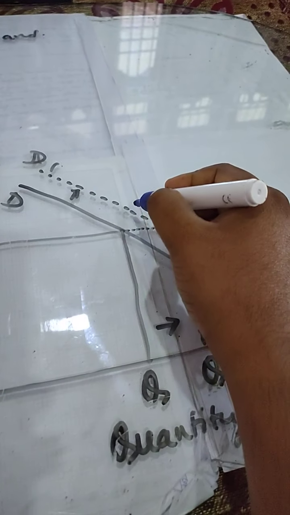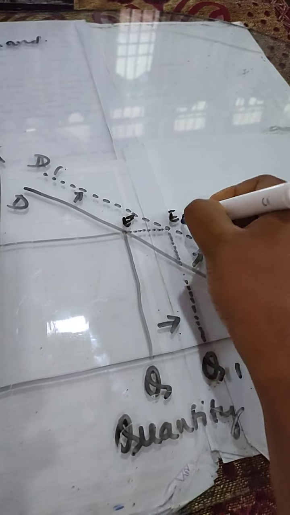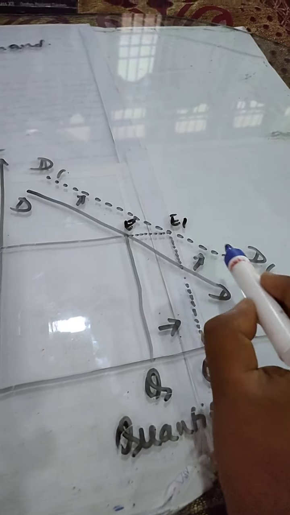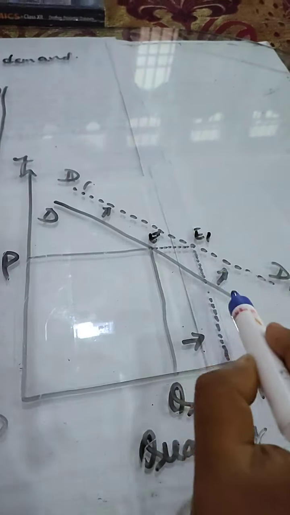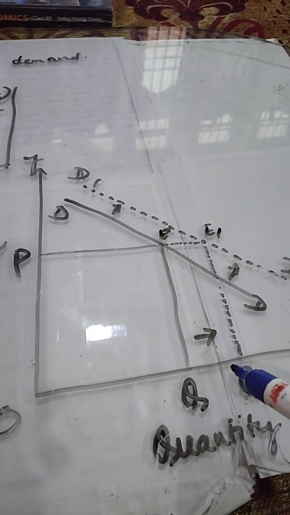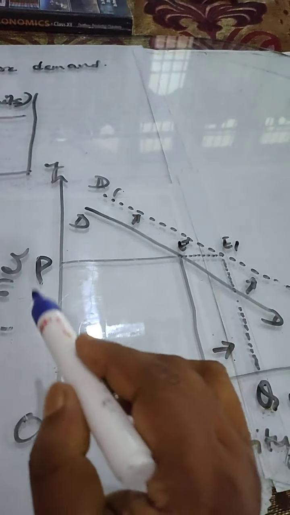This is point E and this is point E1. That means at E1 we get another demand curve, that is D1 D1. The original demand curve was DD, and this DD demand curve implies the OQ amount of commodity demanded by the consumer, and price was OP.